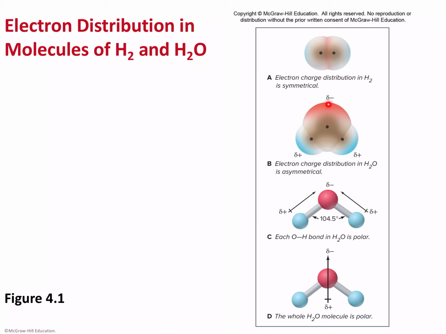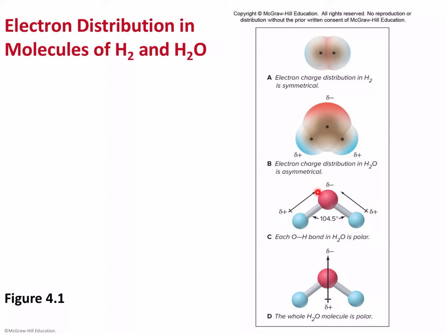That's why this symbol, negative delta. And then these are the hydrogen sides. 2 hydrogens are blue in color. The hydrogens are partially electropositive. So as a result, there is a difference in electron distribution, and the hydrogen and oxygen bond becomes polar.